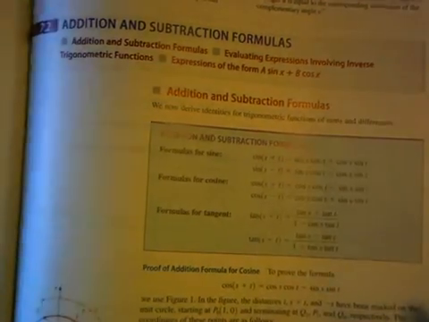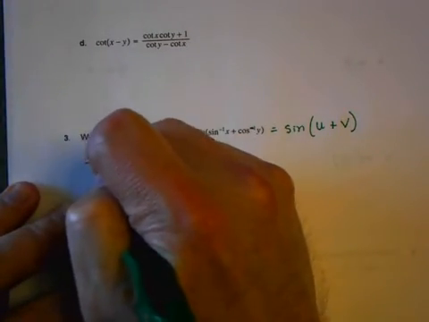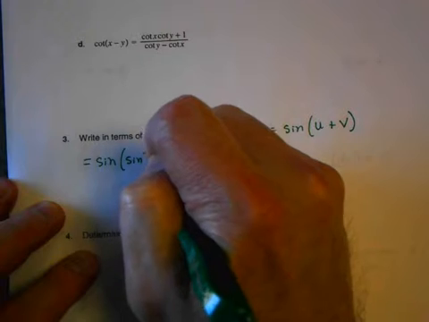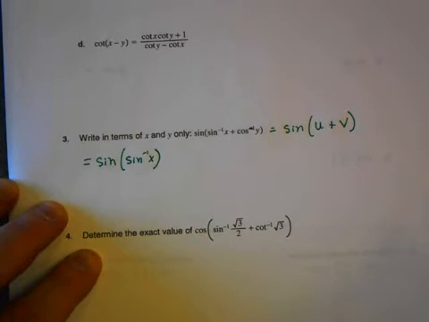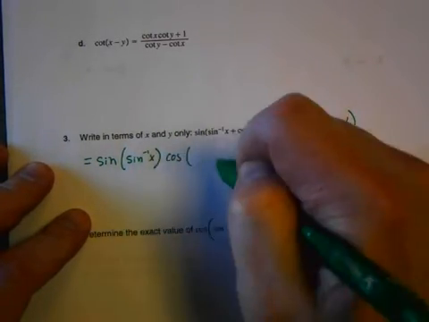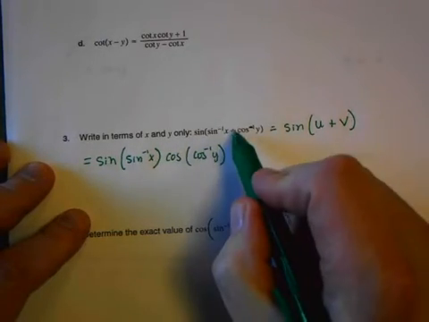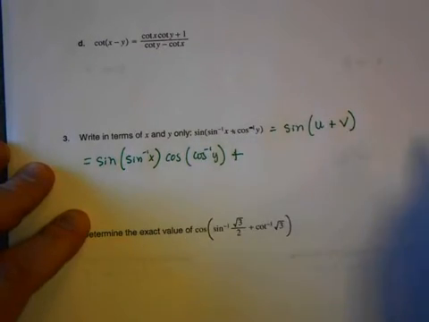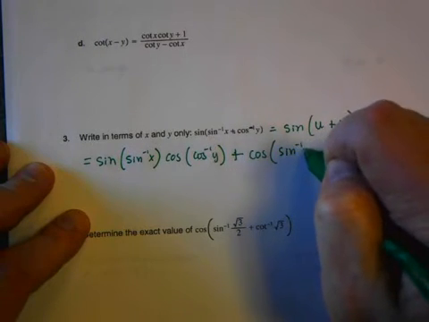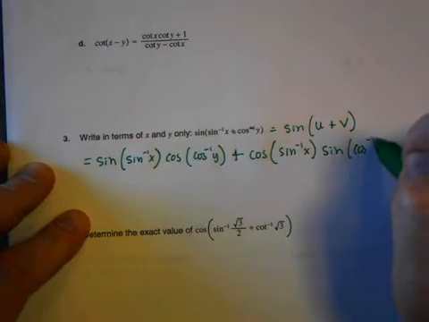So that's going to be sine of the first one, sine of sine inverse of x, and then cosine of the second one, cosine inverse of y. And then since this is a plus, we have a plus. And then it switches. It's going to be cosine of the first one, sine inverse of x, and sine of the second one, cosine inverse of y.